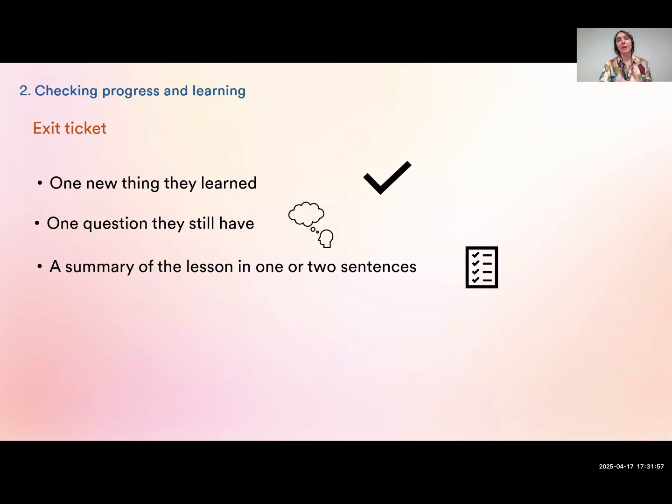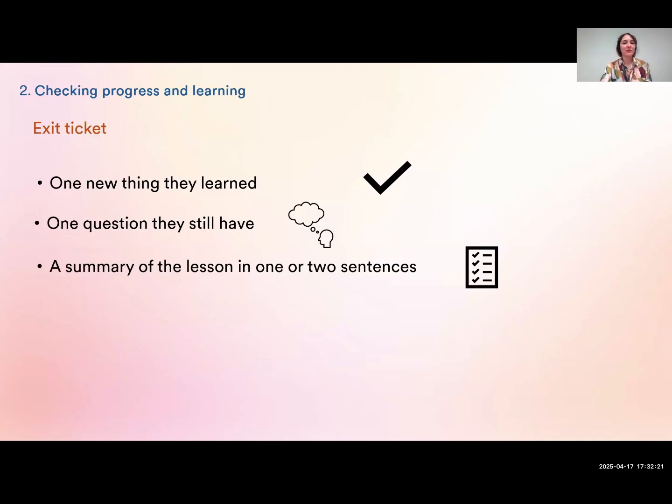What's the language, how would that help you in real life, to speak and to communicate better, because it's all about communication. It's what we want to enable our students to do. So I've observed some of my teachers, and I found out quite a few of them use exit tickets, and I found it quite fun to observe.